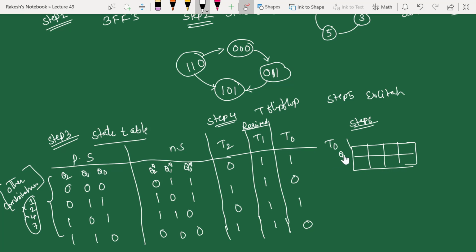So this is my Q2 bar, Q2, Q1 into Q0 bar, Q1 bar into Q0, Q1, Q0, Q1, Q0 bar.